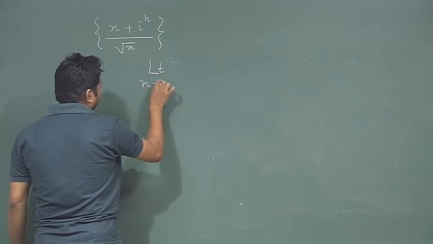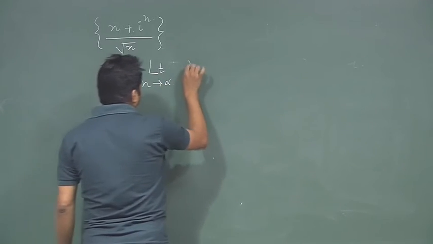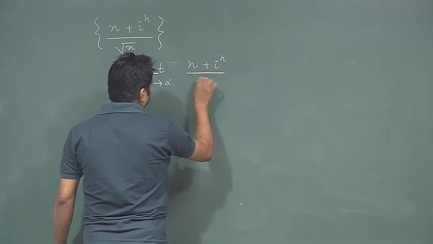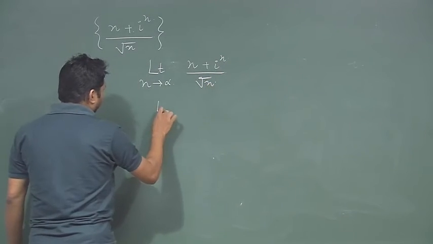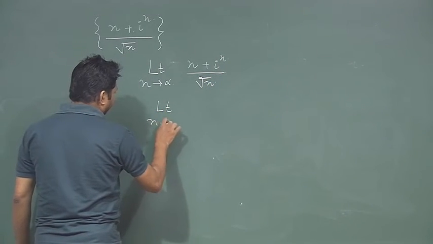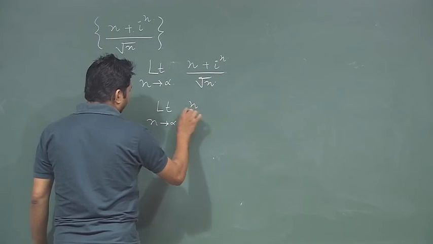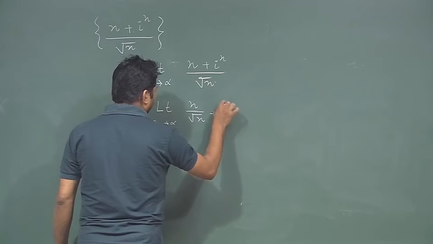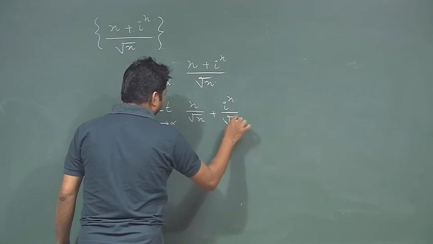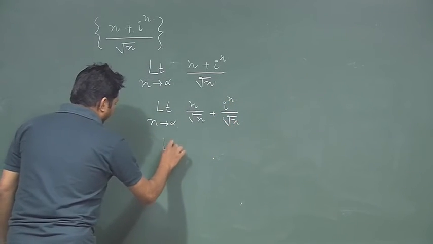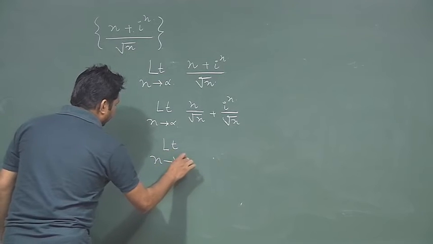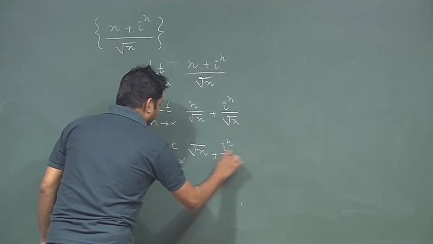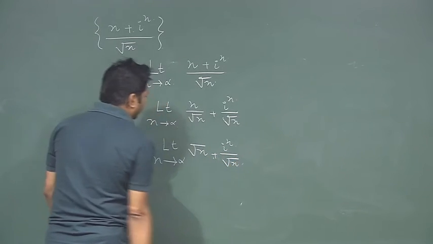Limit n tends to infinity, the quantity is n plus I to the power n divided by root over n. I can separate it into two parts: root over n plus I to the power n by root over n.